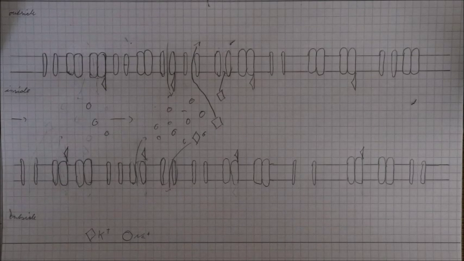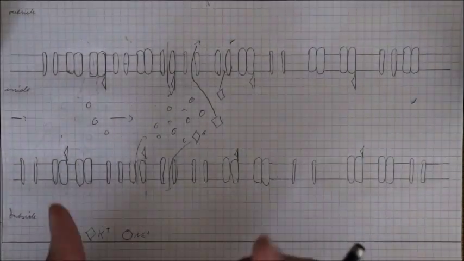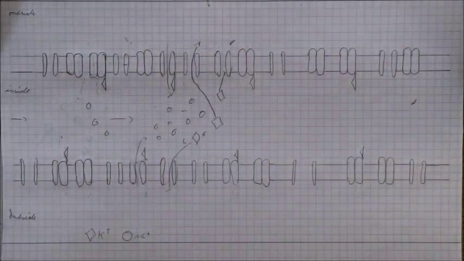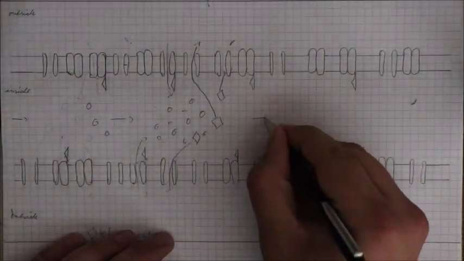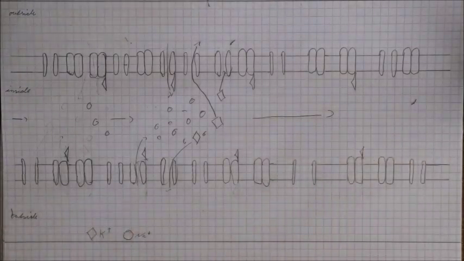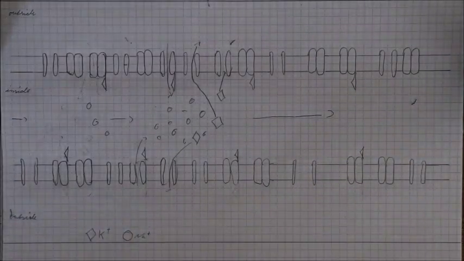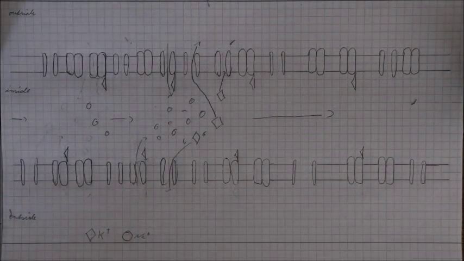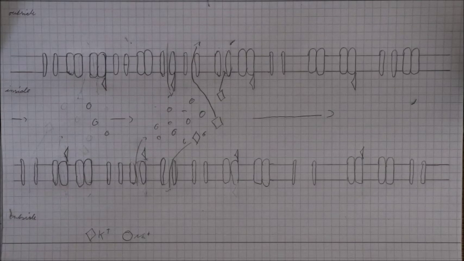And so there's no action potential in two directions, but actually just in one direction. This one from the soma to the synaptic knob. And this is actually the whole action potential.